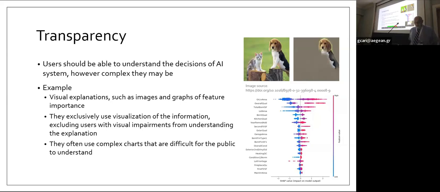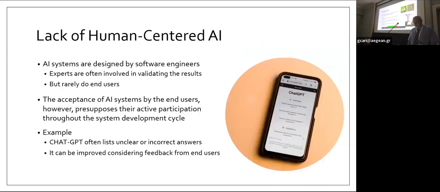At the same time, the visual explanations are not accessible to users who are blind. In addition, they often use complex charts that are difficult for the general public to understand. It is clear that the design of AI explanations should be carried out according to the principles of universal access.